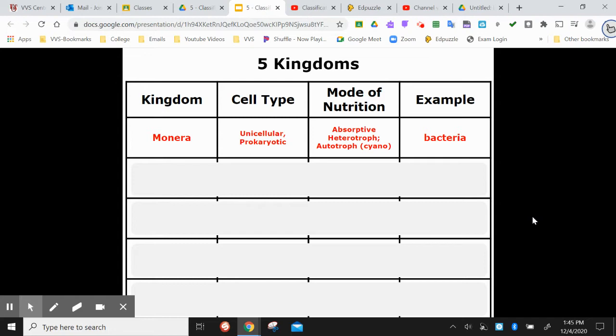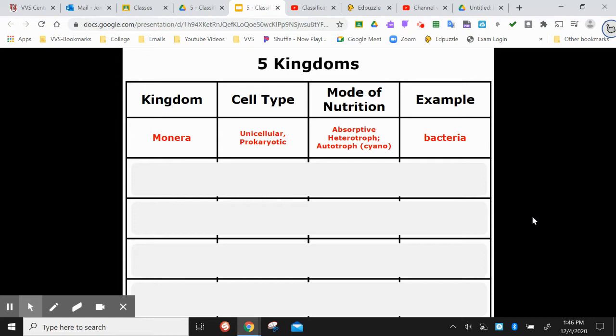All right. We say that it is an absorptive heterotroph. Right? That means that the organism takes in the food through itself. It absorbs through itself. And hetero means it can't make its own. It has to get it from somewhere. So it has to go get it, and it attaches to it and absorbs it.